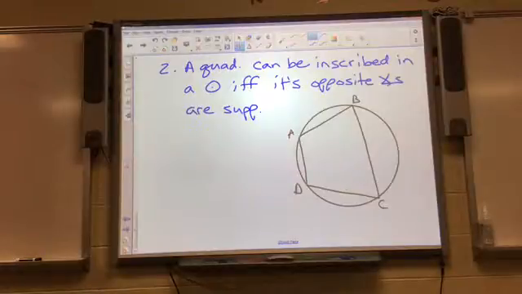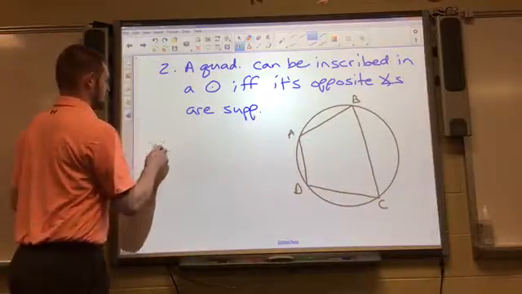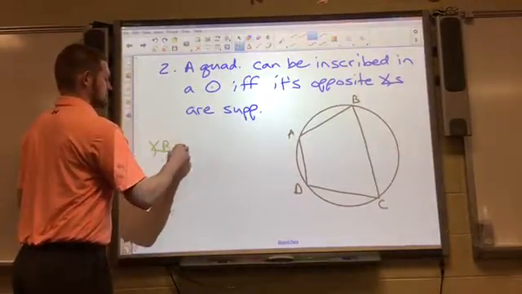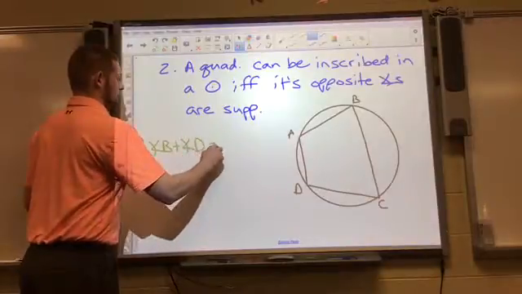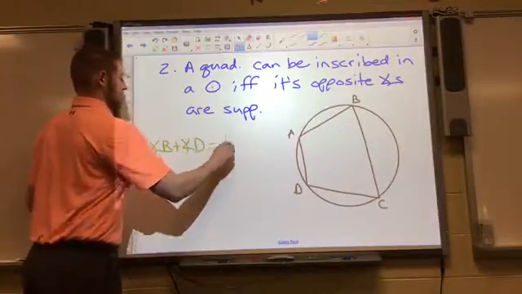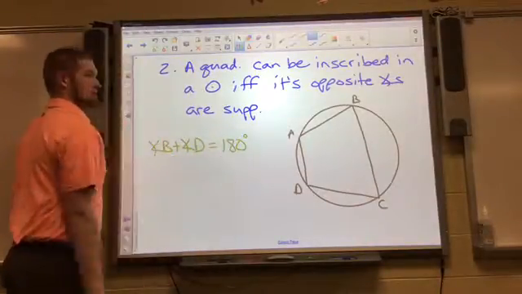Okay, Amanda, set up something that's supplementary for me. Can you do that? What angles? Are they opposite each other in the shape, not in the circle, in the shape? B and D, good. So angle B plus angle D would equal 180 degrees. Okay.